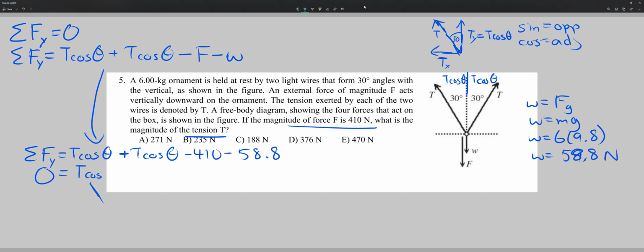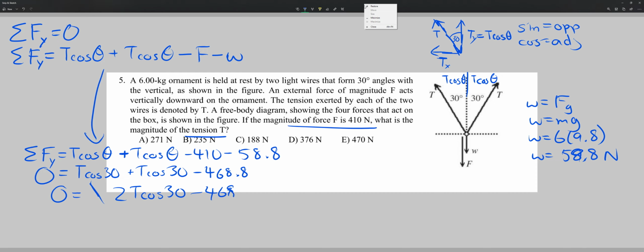Cosine theta is 30, so T cosine 30 plus T cosine 30, minus 468.8. We can further simplify this by saying T cosine 30 plus T cosine 30 gives us 2T cosine 30 minus this. And then we're going to add this on both sides.